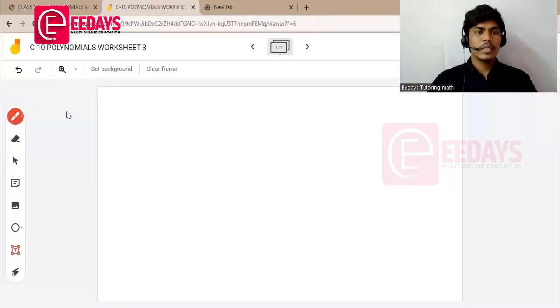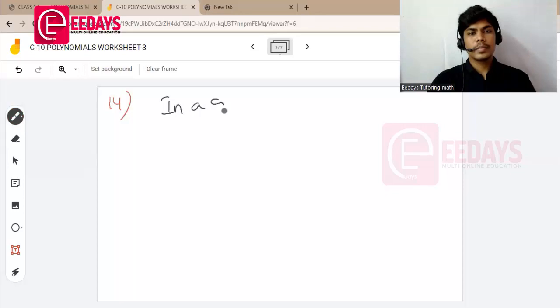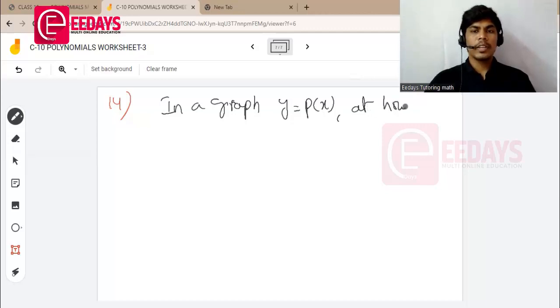Let's see what's next. 14th question. In a graph, the polynomial equation y is equal to p of x cuts the x-axis at how many points?